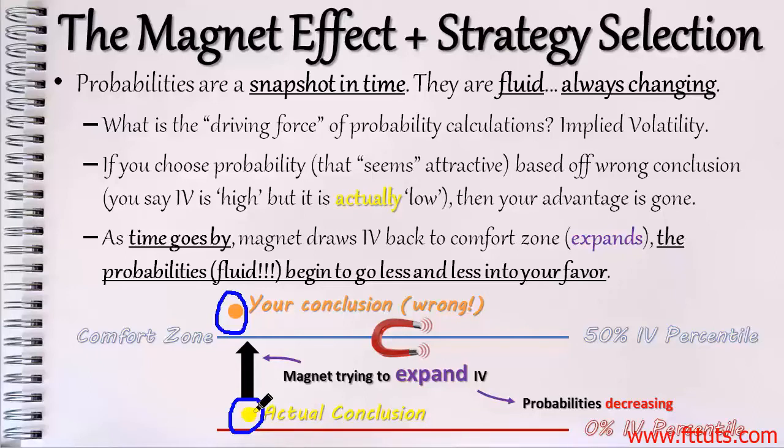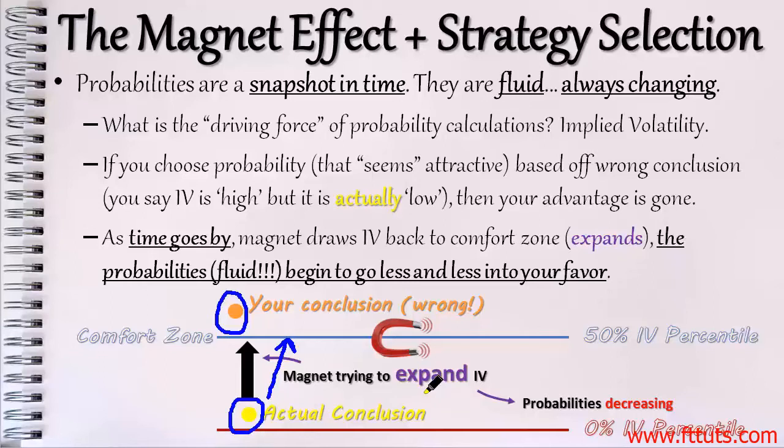IV is not at its comfort zone, so the magnet is going to go into effect and start to cause IV to expand, because it wants to get back to its normal situation. As that happens, your probabilities are going to decrease and decrease because you based them on a wrong contextual standpoint. You don't want probabilities decreasing against you.